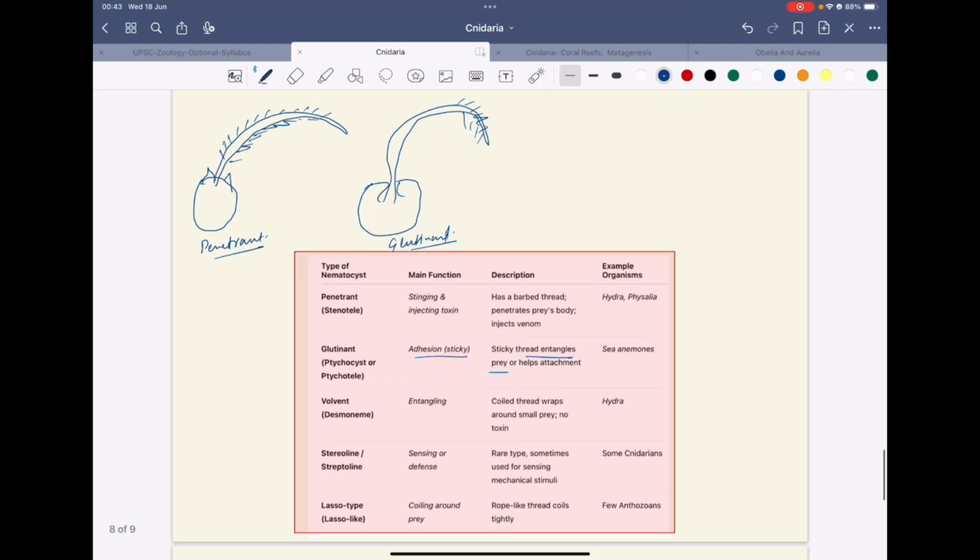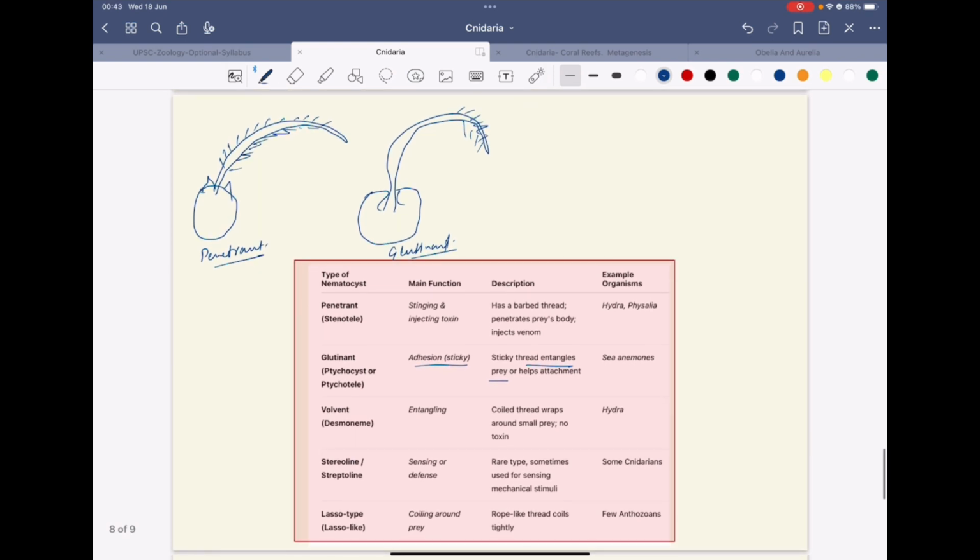Then we have the volvent or desmoneme type. It helps in entangling. For example, this is the nematocyst. Here is your twig or prey, whatever it is. So this is the volvent type.